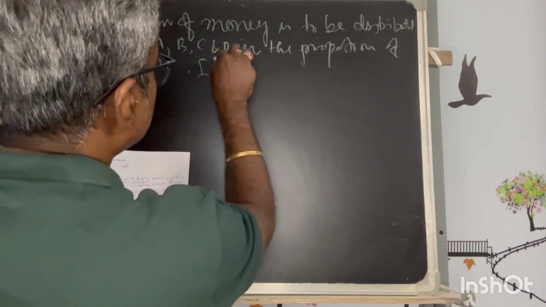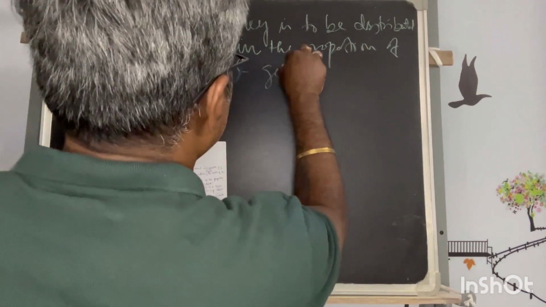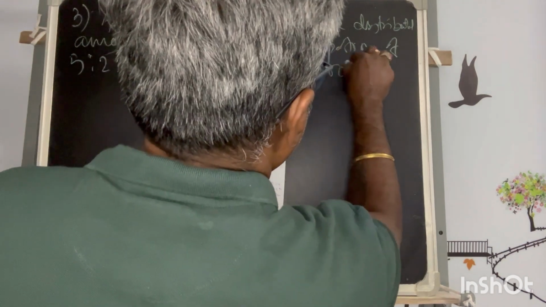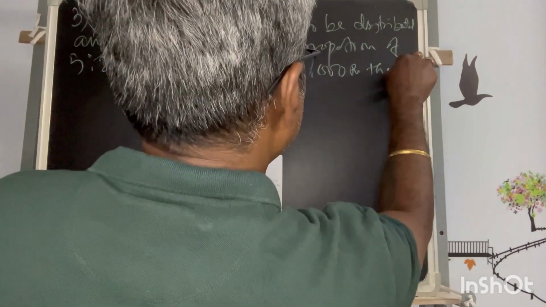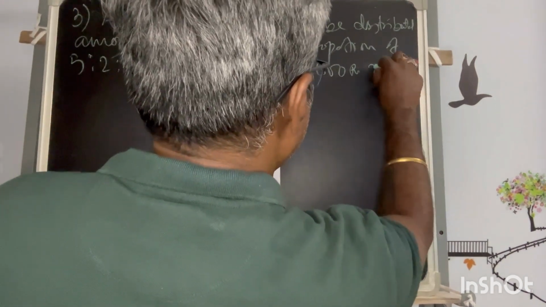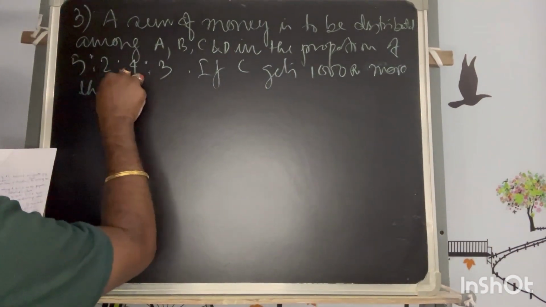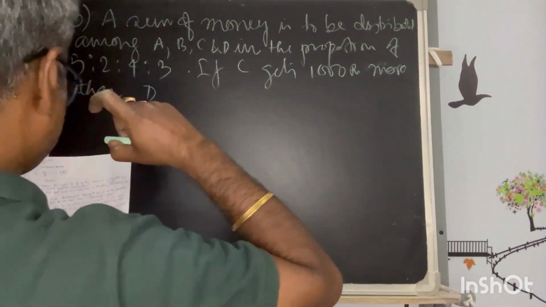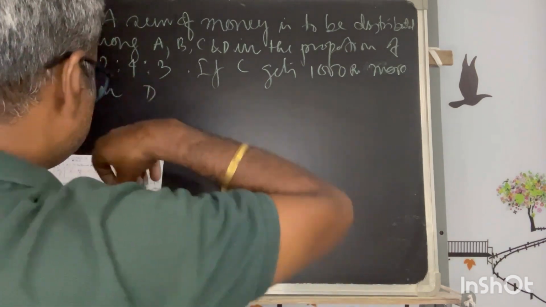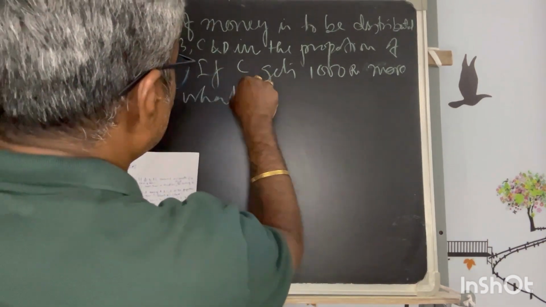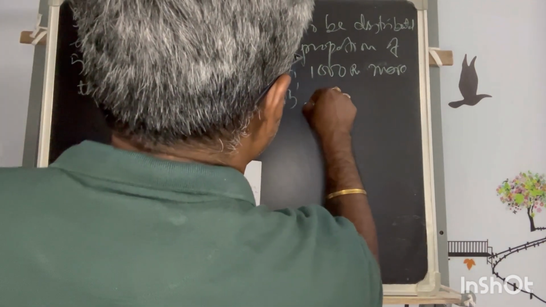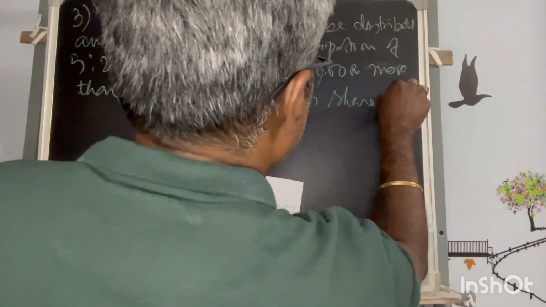If C gets 1,000 rupees more than D, what is B's share?